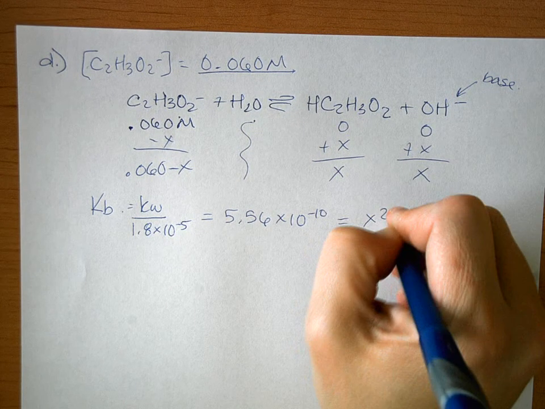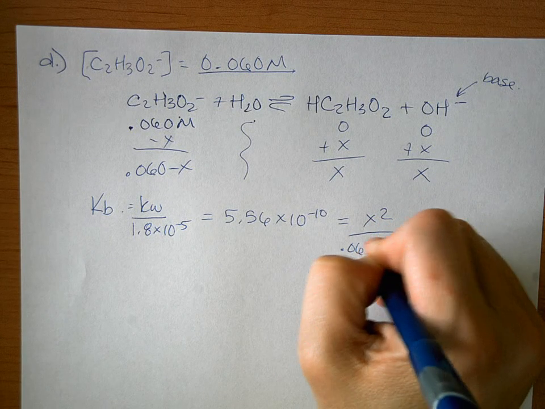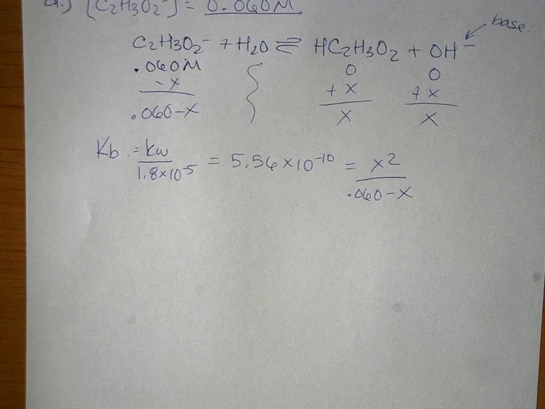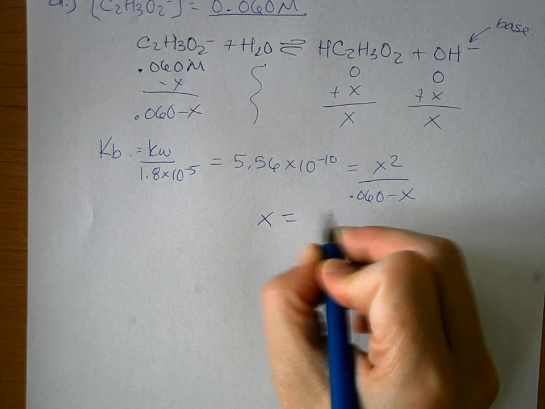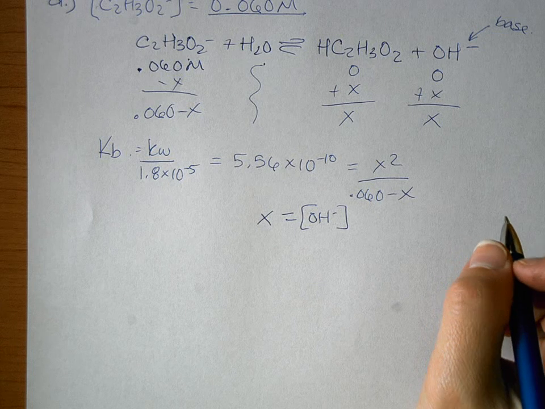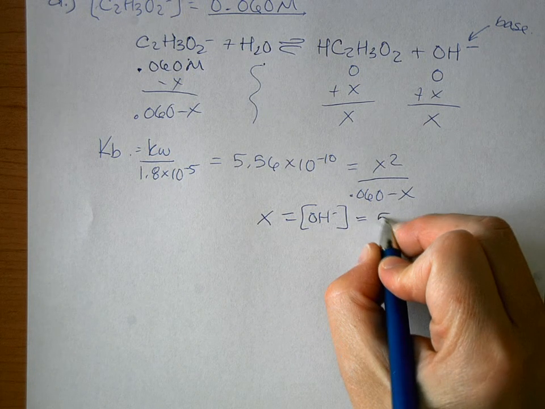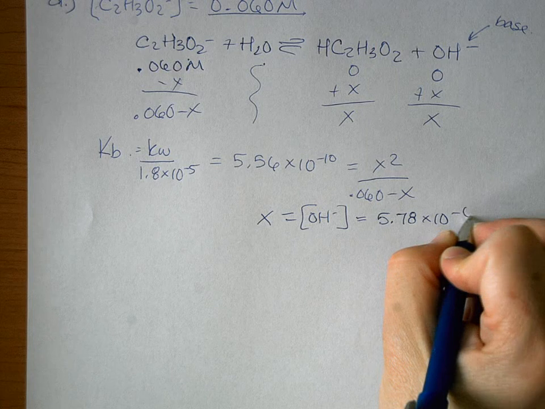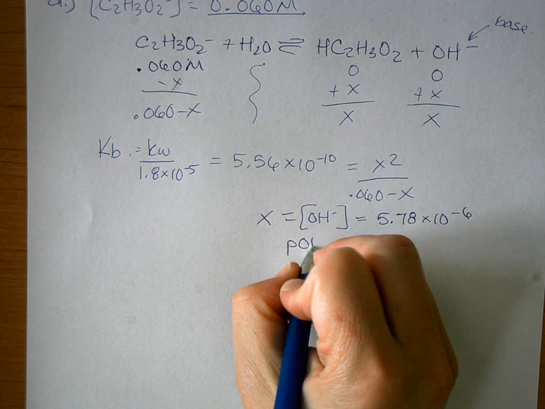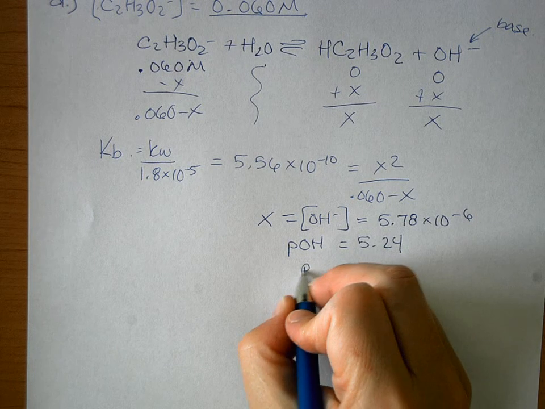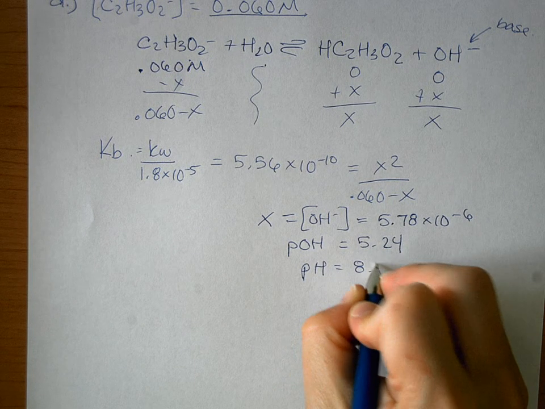That equals x squared over 0.060 minus x. Okay, from there you guys can go ahead and solve for x. Be careful on this one. When you solve for x, it's your concentration of hydroxide ions. So that gives you 5.78 times 10 to the negative 6. So then your pOH is 5.24. And then your pH then is 8.76.